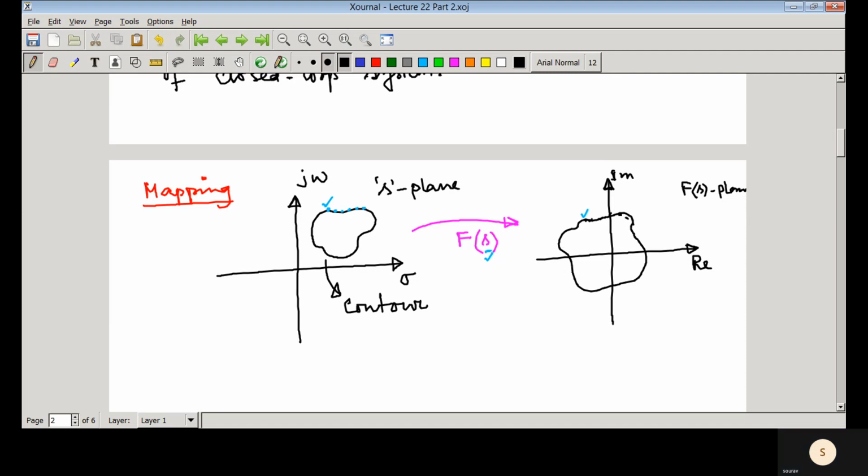So whenever we have a contour in the complex plane and we map it via a single valued function F(s), it is again mapped in the F(s) plane as a contour.